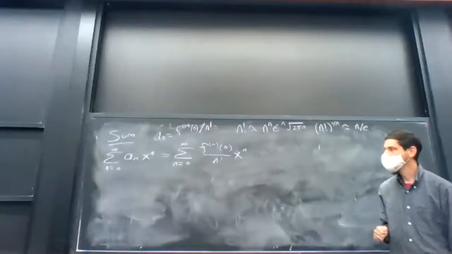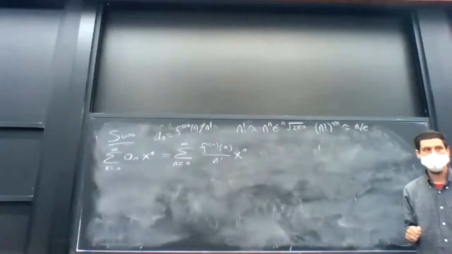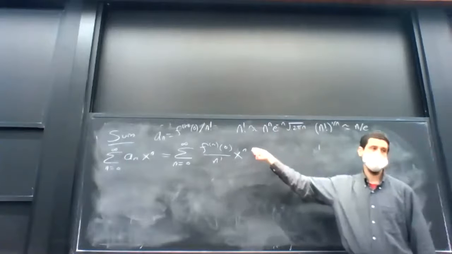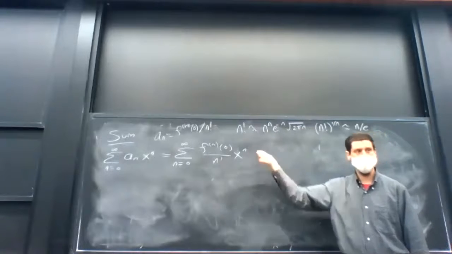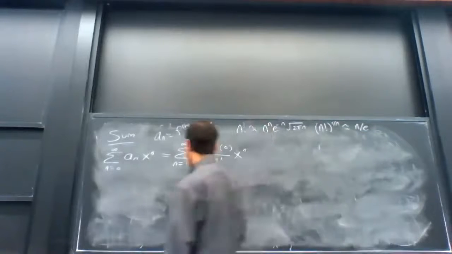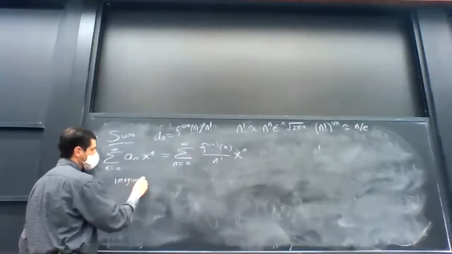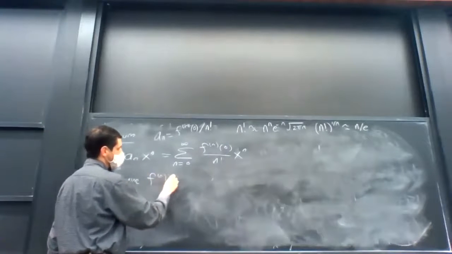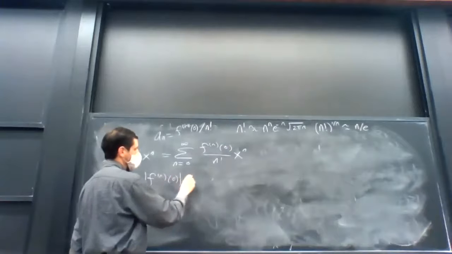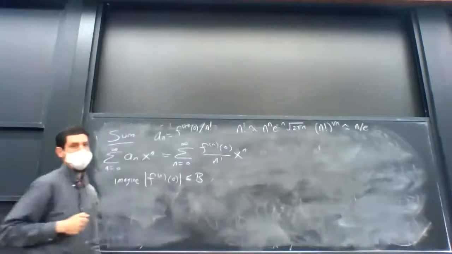Because of that, we expect that this is going to have good convergence properties, so long as the nth derivative at the origin is not growing too rapidly. For example, imagine the nth derivative at the origin is always less than or equal to some bound b.